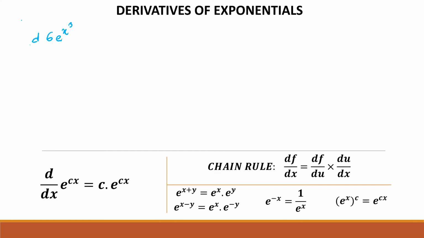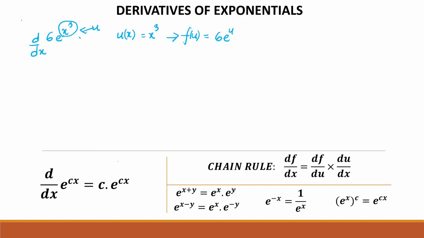If we have to find the derivative of this function, then what will we do? Let's say this whole x cubed term to be u. Then we have u as a function of x equal to x cubed, and the whole function with respect to u would be 6 times e to the power u, right?